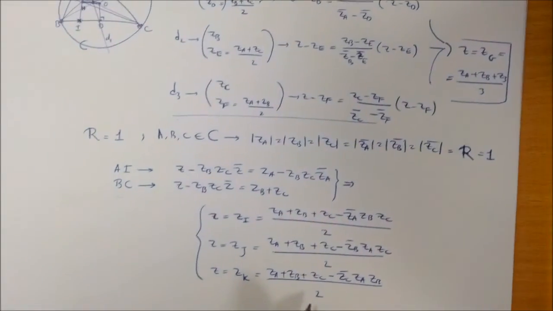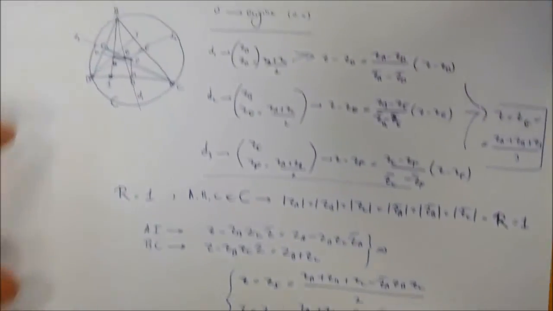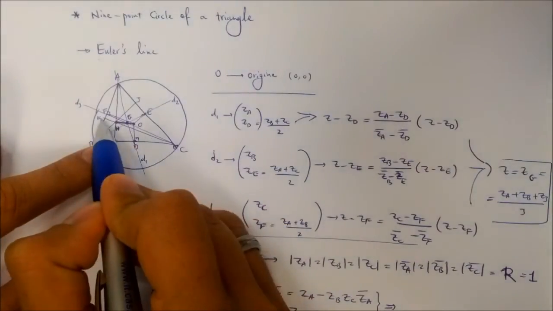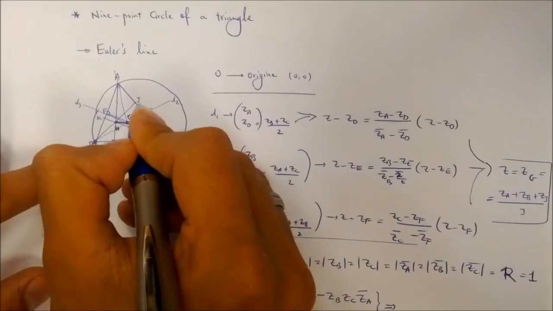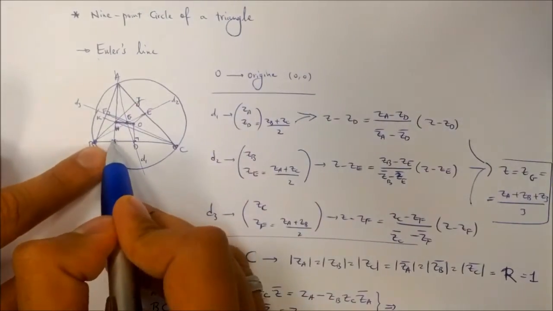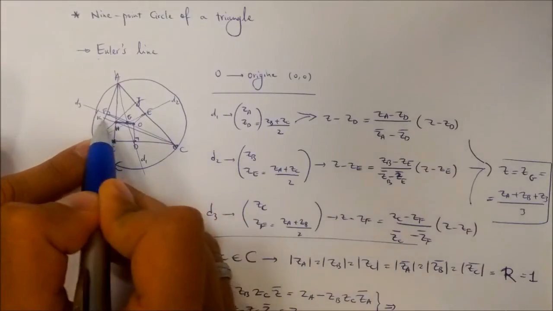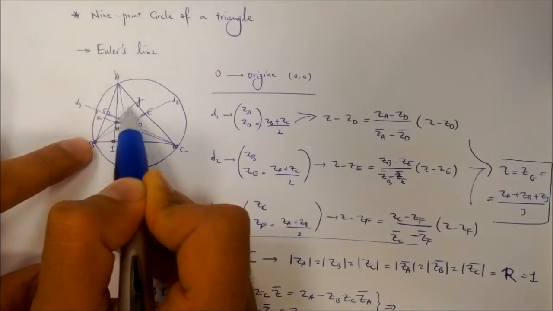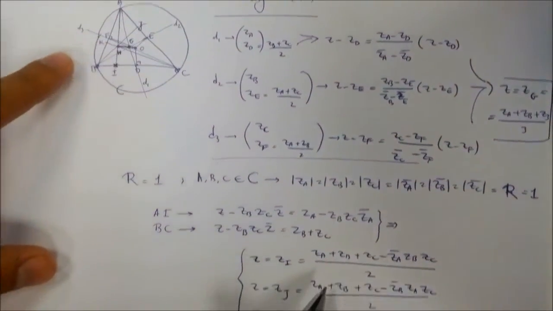So now I can consider the equation of the lines AI and CK, for example. AI and CK. And finally BJ. The intersection of the lines AI and CK is the point H, which will be situated on the line BJ, and we can verify this.